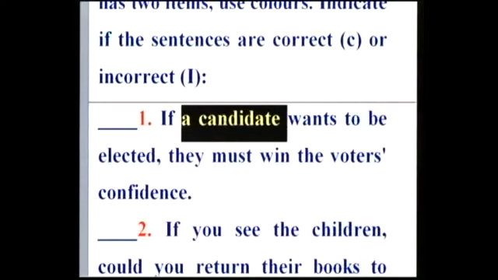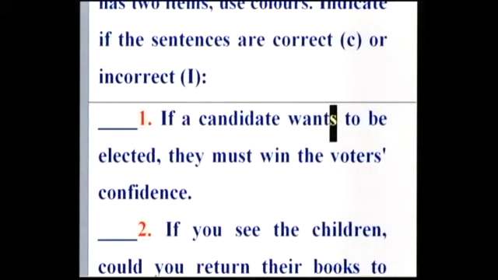This is singular. يبقى مفروض ايه؟ يا إما أقول if a candidate wants to be elected, he or she must win the voters' confidence. أو إذا كانت if candidates want to be elected، لكن عشان أنا هنا عندي want يبقى أعرف طبعا إن اللي مطلوب هنا إنه يبقى مفرد ما يبقاش candidates. يبقى he or she must win the voters' confidence.